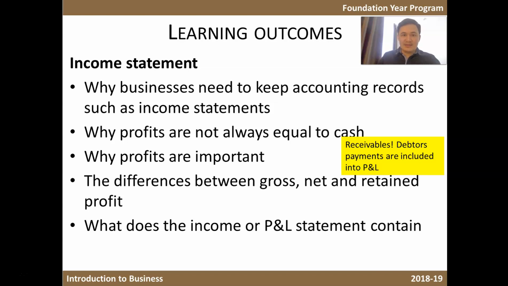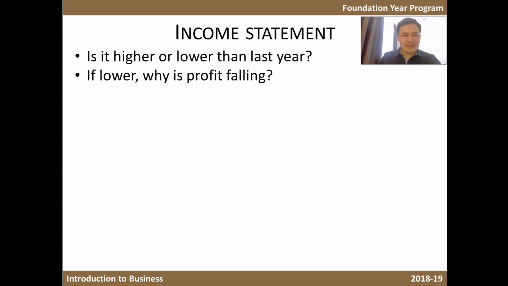Well, what does it contain? That's the whole topic of today's lecture. We're going to talk about it in detail. Now, what do we need? The income statement, we said, ultimately reflects how efficient we are, what's the profit left, and it's also about comparison. It's about comparing with the last year.